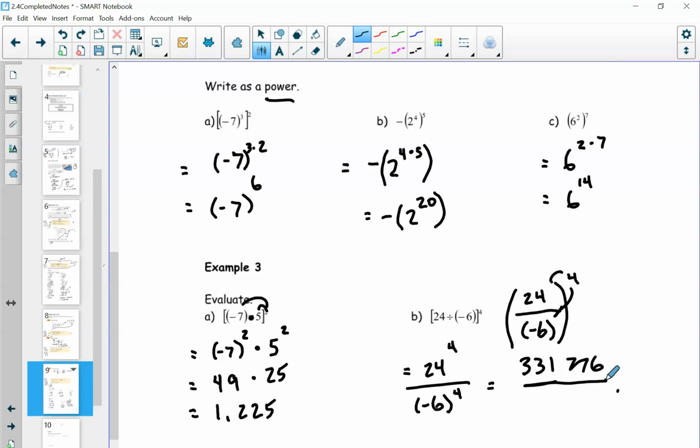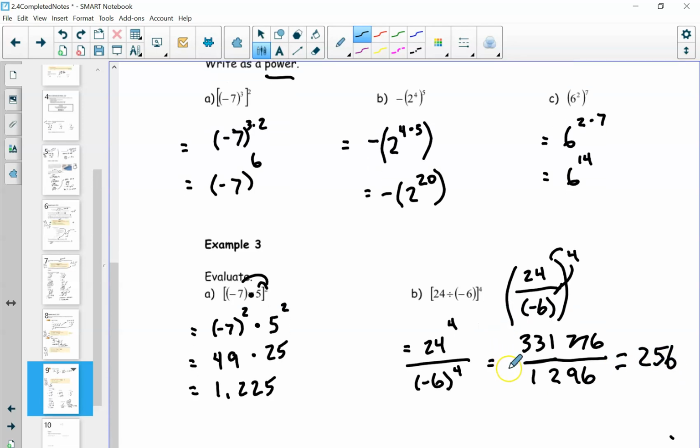Okay, so 6 to the power of 4 is 1,296. All right, let's divide those two numbers to get our final answer. 331,776 divided by 1,296, and our answer is 256.